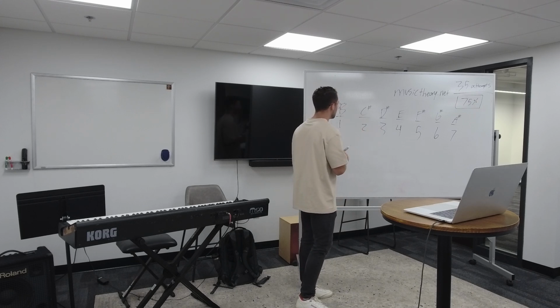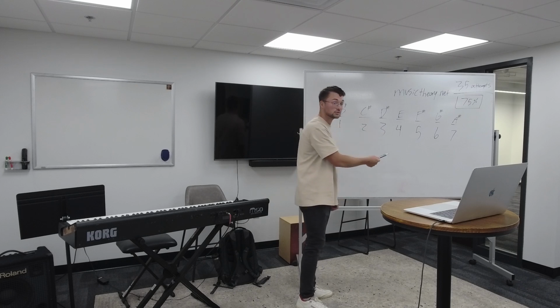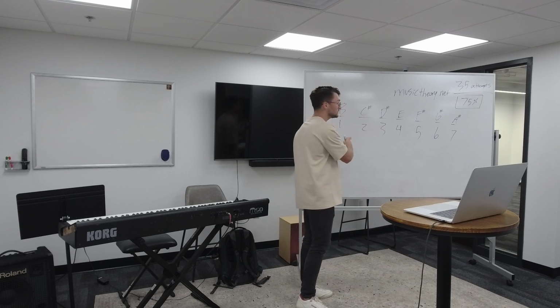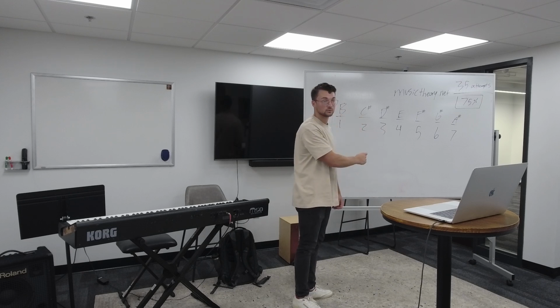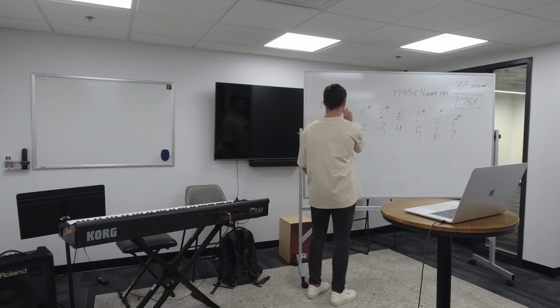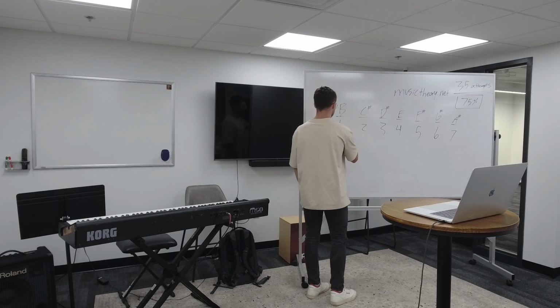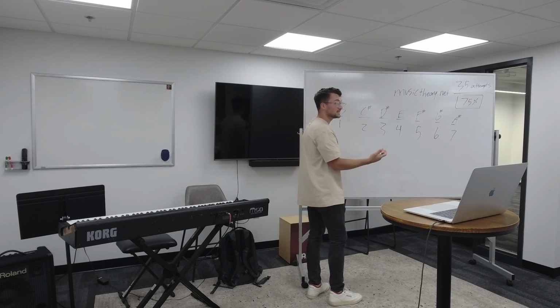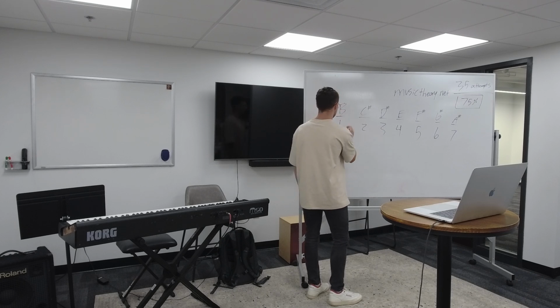In the same way that each singular note in the B major scale has a number attached to it, each note has a chord attached to it. So we call these chords within the key of B major, also known as diatonic chords, chords within the key.